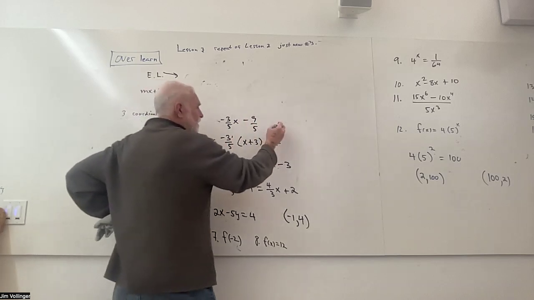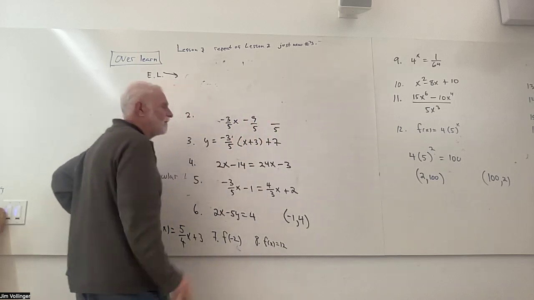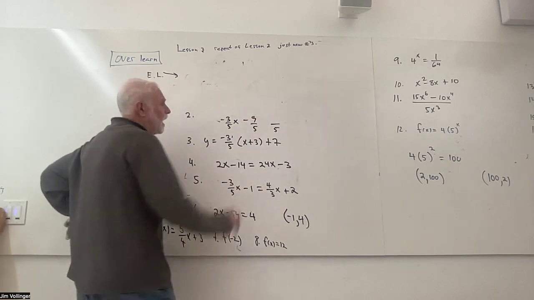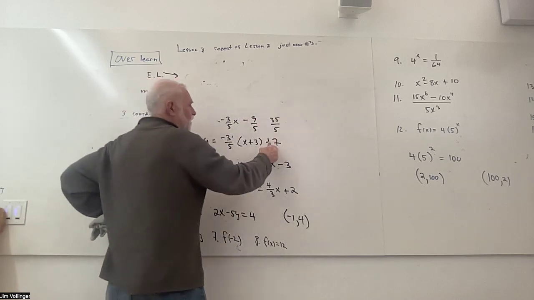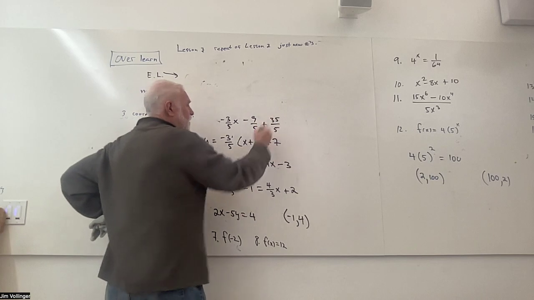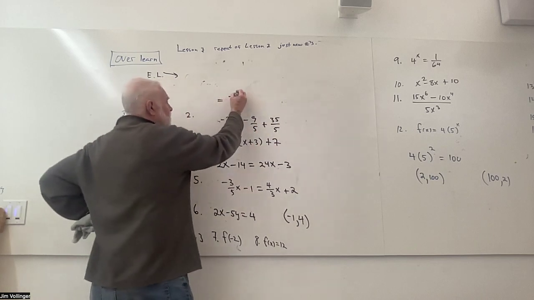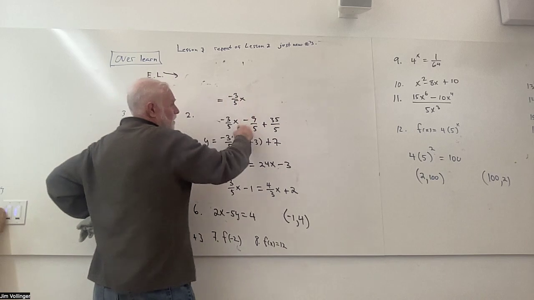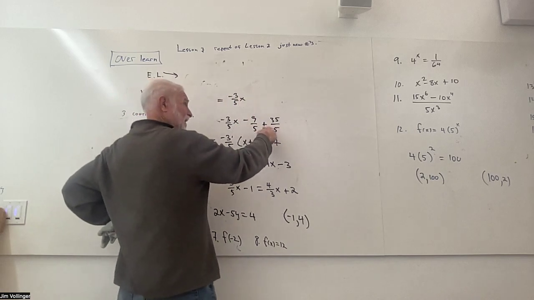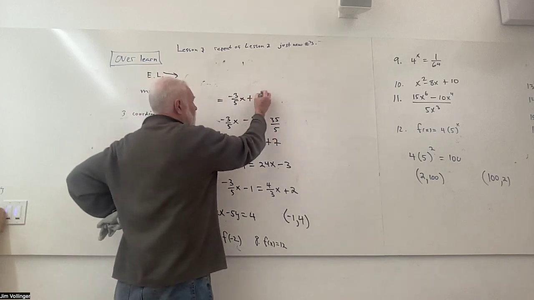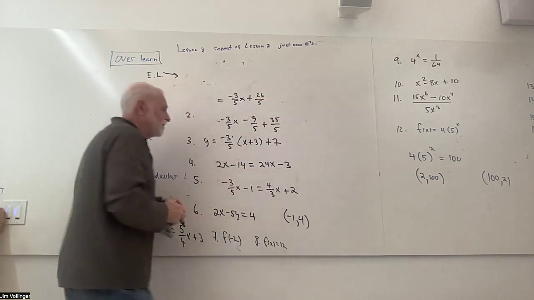And I got to add 7, but I better make it something over 5 or I can't add these things. I think that's 35 over 5 is 7, and I want to add. I think mx plus b was -3/5 x plus 26/5. Oh boy, is the brain tired. This is gonna be fun.